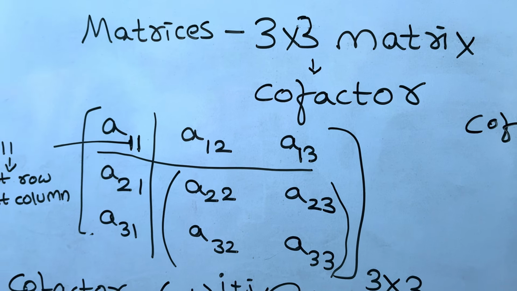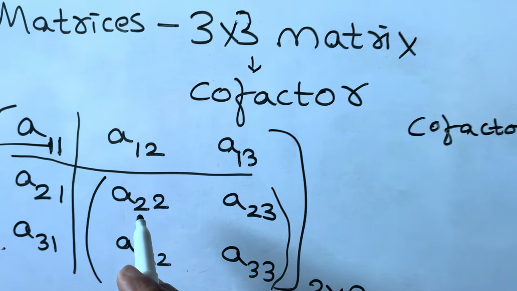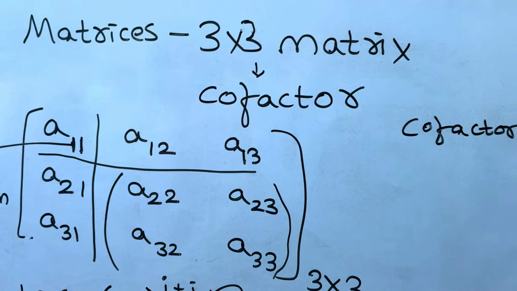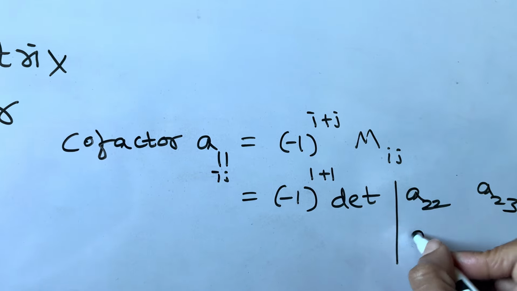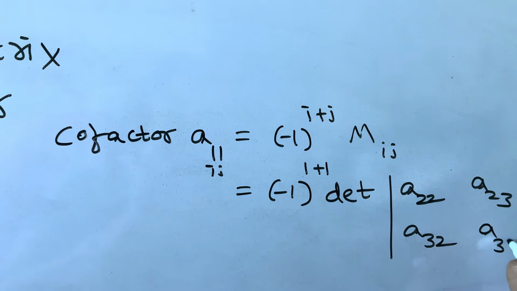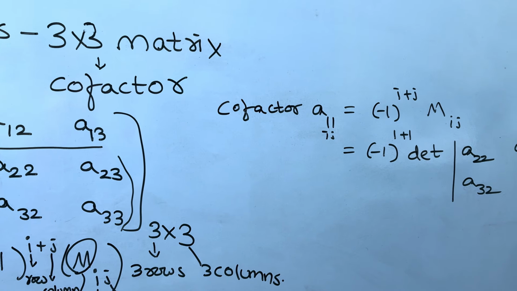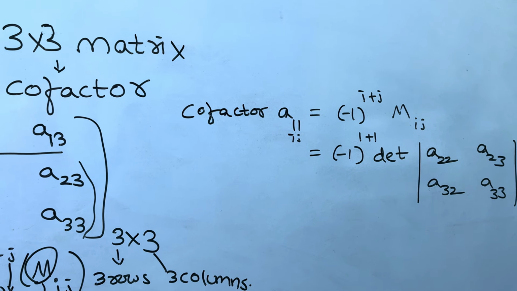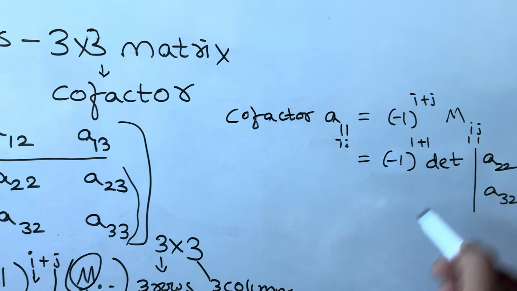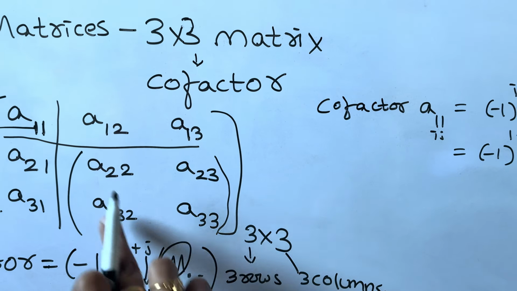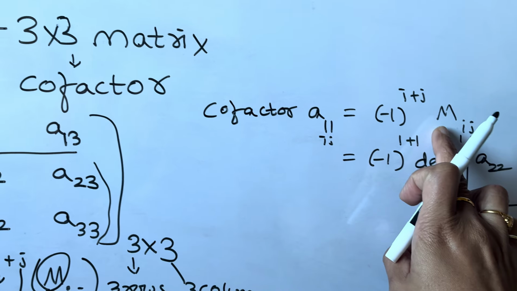So I'm going to take the determinant of the remaining matrix, which is these elements here: A22, A23, and A32, and A33. This is how you find the minor for i and j of first row and first column. After removing, we are left with this matrix, and finding the determinant of this matrix gives us the minor.